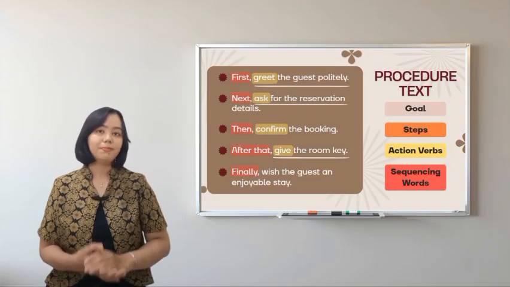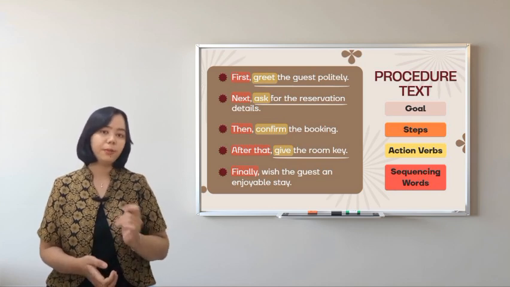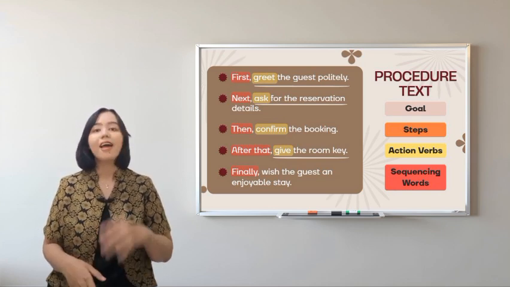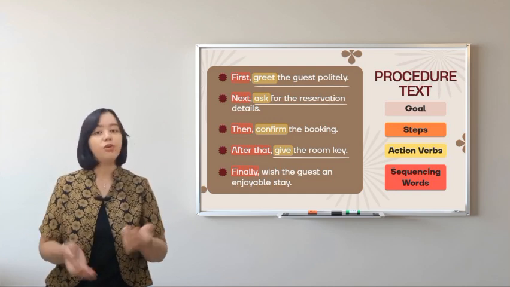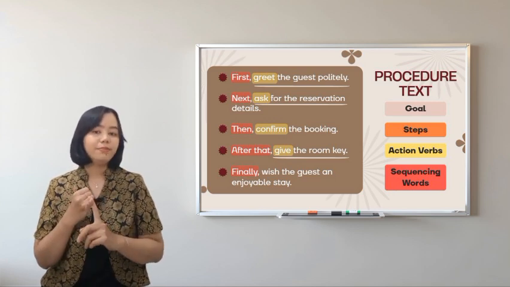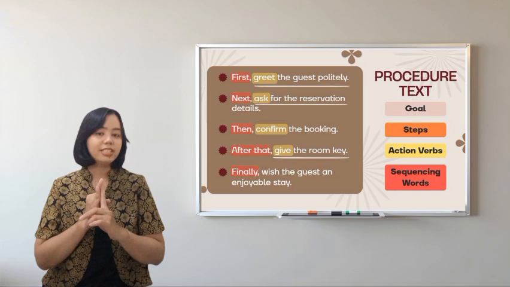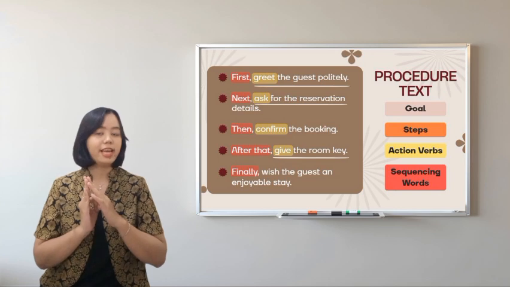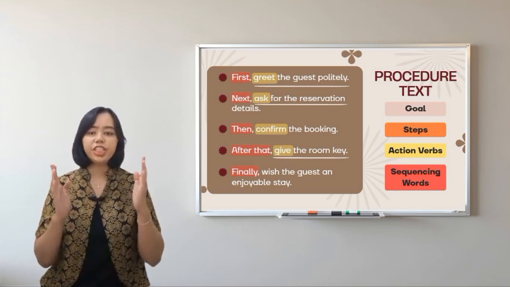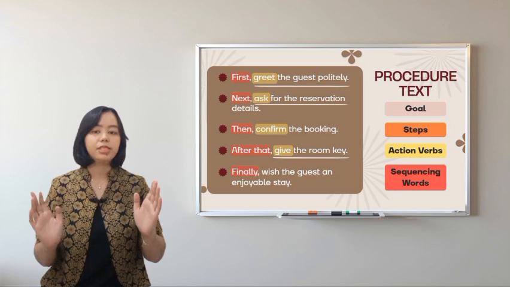Are the steps in procedure text written randomly or in order? Correct, in order. Why do we need to follow the steps in order? To avoid mistakes, provide clear and structured instruction, and help readers perform tasks safely and correctly. Imagine if you did these steps randomly.